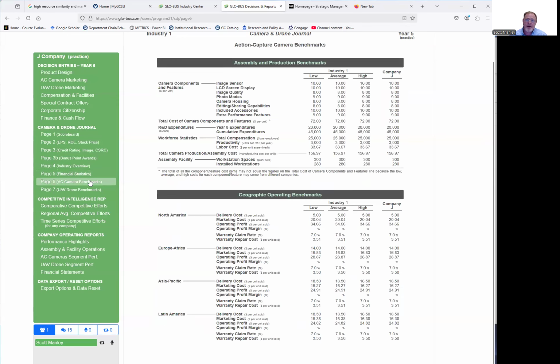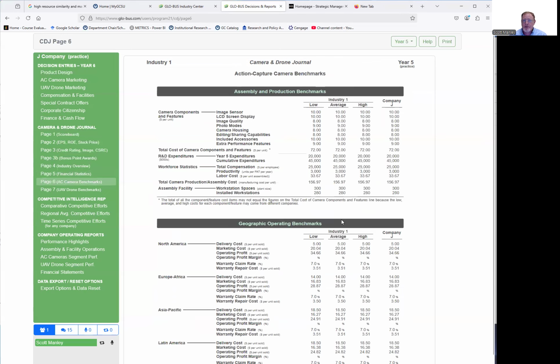Okay. The last 2 pages are the benchmarks for your action capture camera and your UAV drone. This tells you what the industry is doing on average. The first column is what the lowest cost producer on the camera or the drone is doing. You can see what the lowest cost is. The second column is the average for the industry. The third column is the highest in the industry. And the last column is specifically your company.